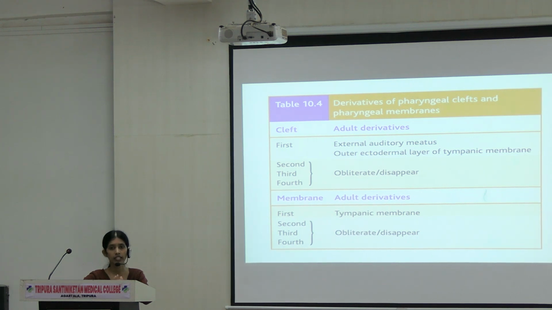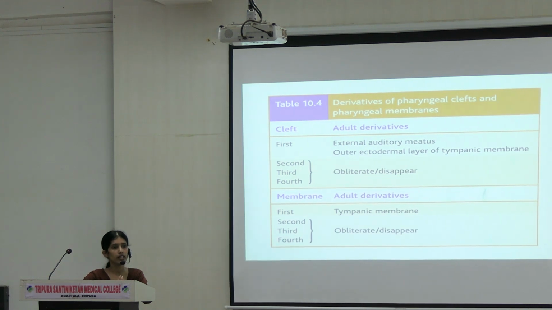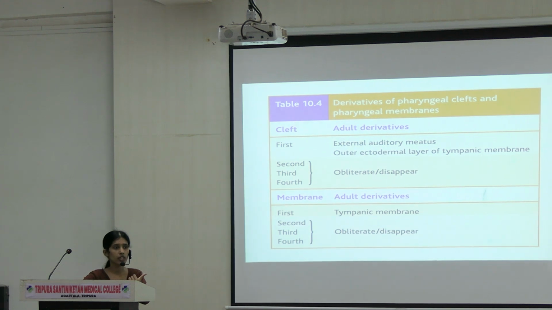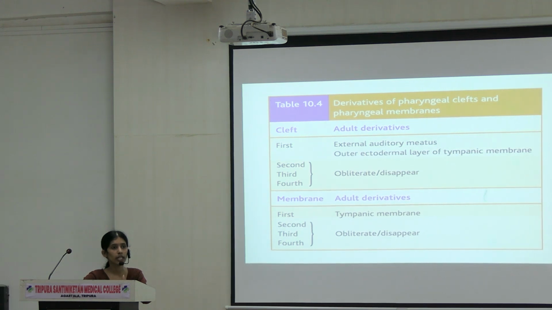We have two derivatives, that is midline derivatives and lateral derivatives. In this class we only study the lateral derivatives because the midline derivatives will form part of your tongue.